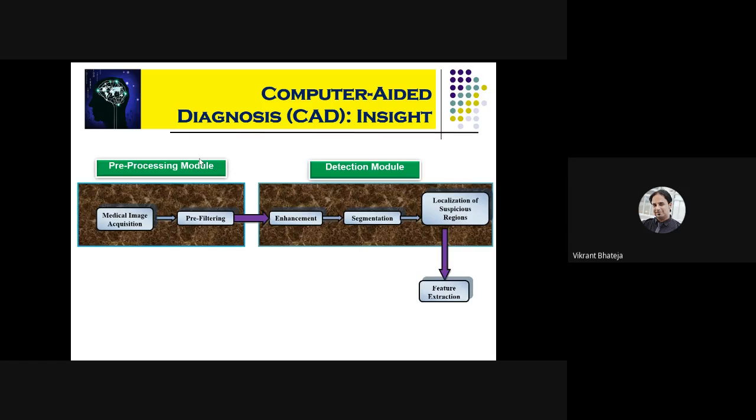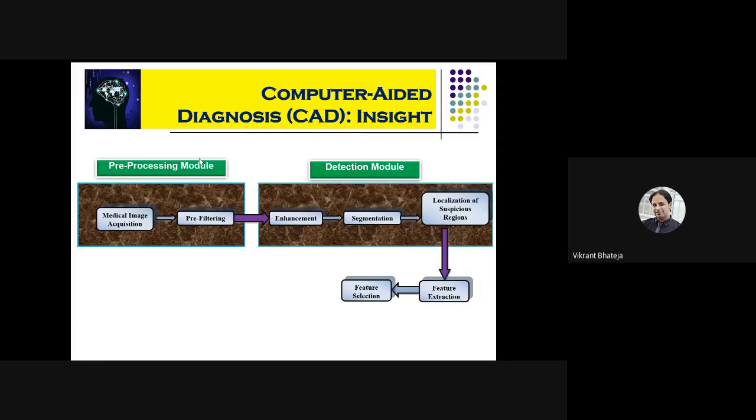Now, if we want this diagnosis to be done in an automated manner, say a decision support mechanism imbibed in the system that can directly classify the images into tumorous and non-tumorous, we go for the next module. Once the localization of the suspicious region is done, we extract certain features. Once the features are extracted, there may be extra or redundant features, which may increase the computational load during processing.